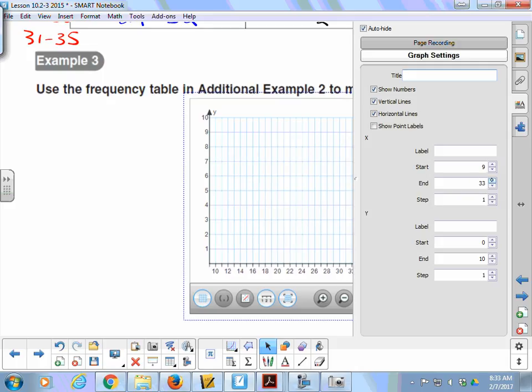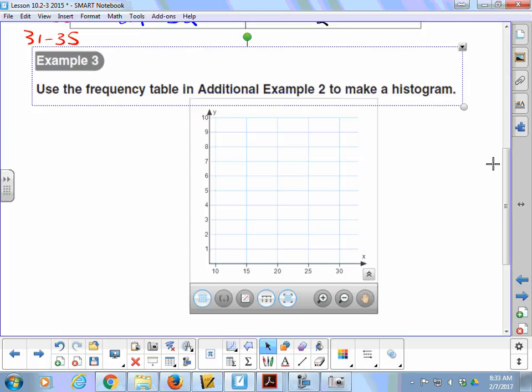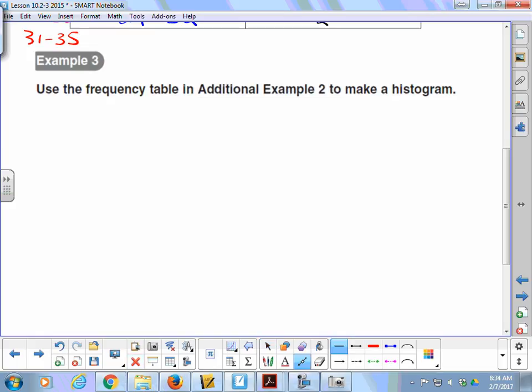Oops, I'm going to go to 33, 1 past that. And we're going to go by 5. Oh man, it's not going to draw it the way I wanted it to. Darn it. Well, we're going to get rid of that. Delete. Okay. There we go.